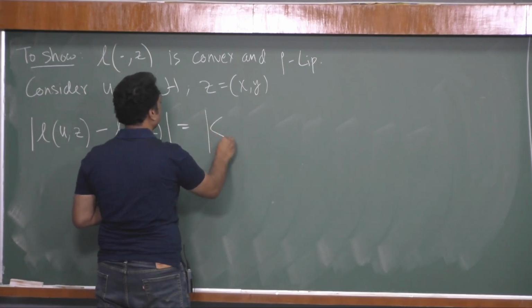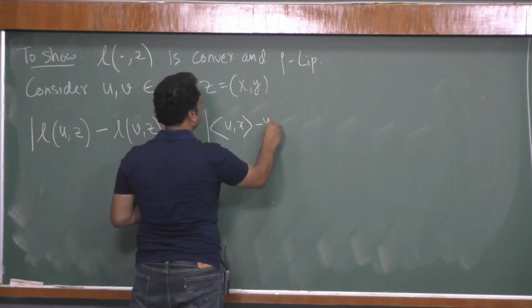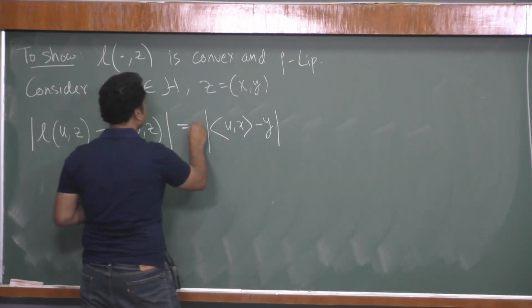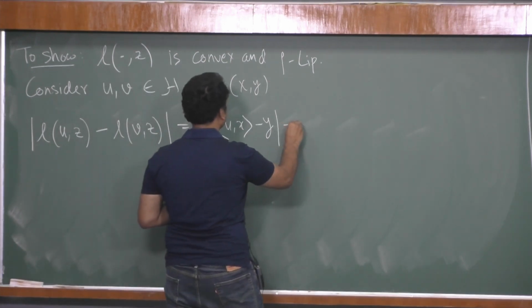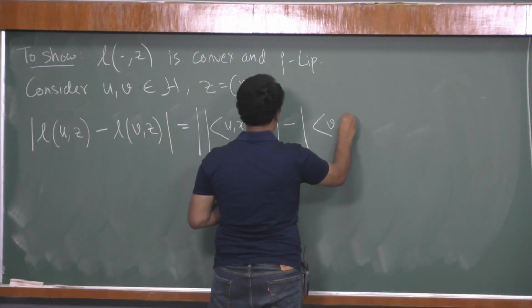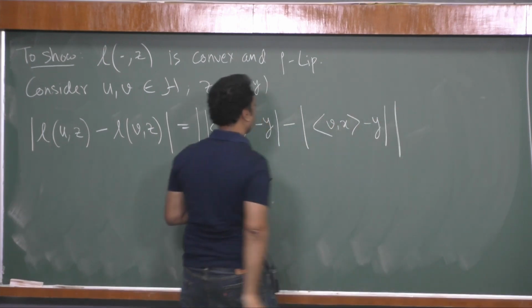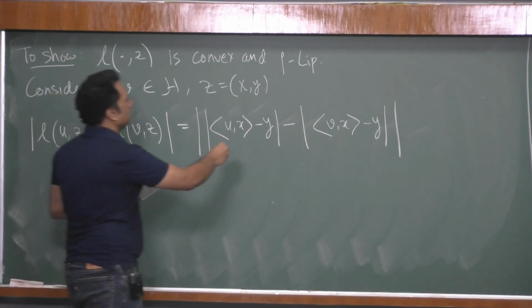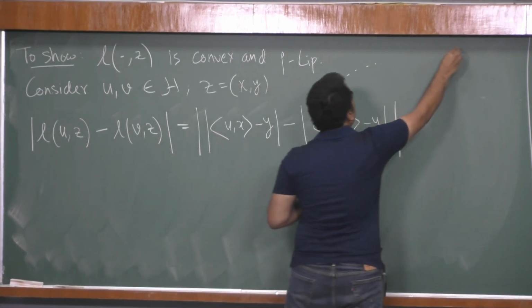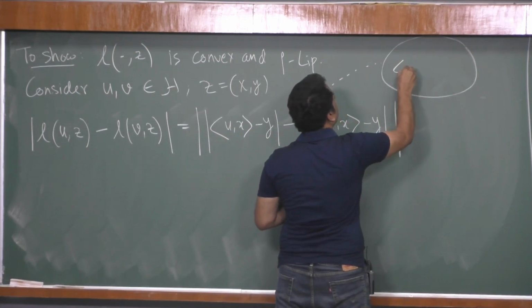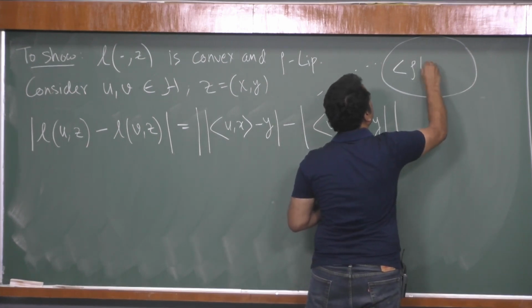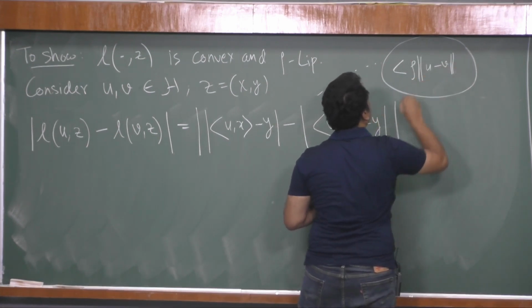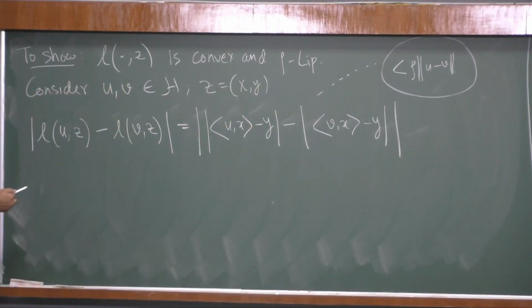So this is |U·X - Y|, and there is an outside mod also, minus |V·X - Y|. We are supposed to prove that this whole thing is less than rho times the norm of U minus V.